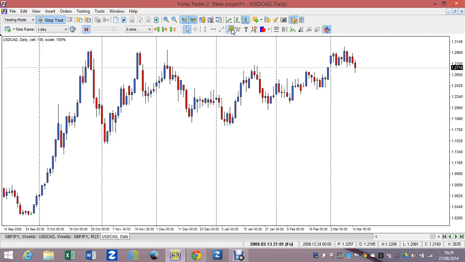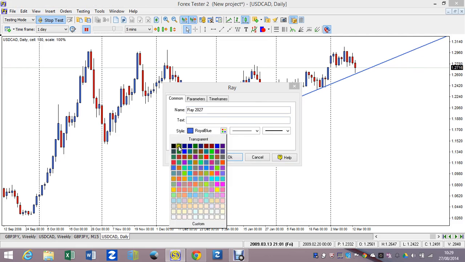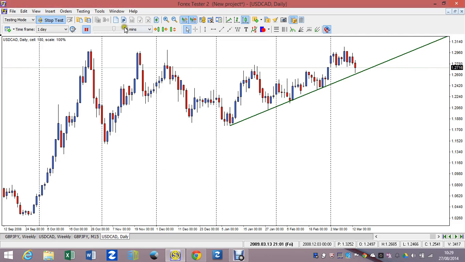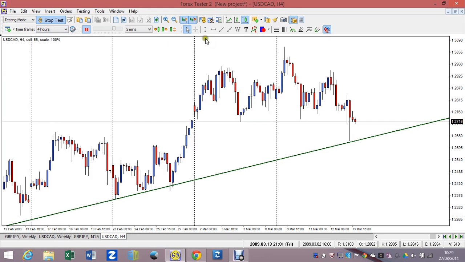This is the daily. Nice trend line there in the daily chart. We've got kind of a head and shoulders type pattern here on the 4-hourly chart.